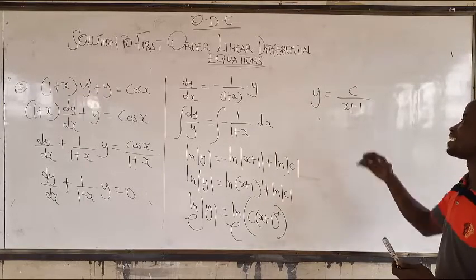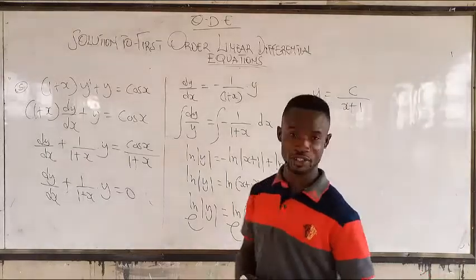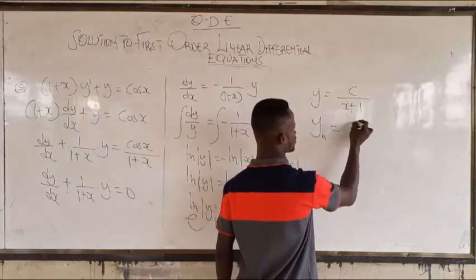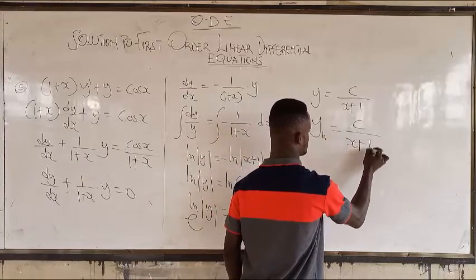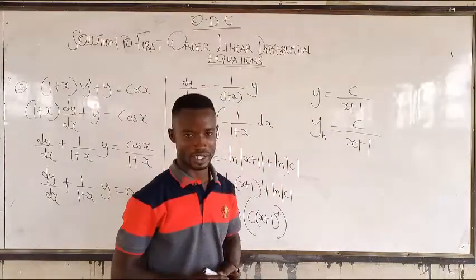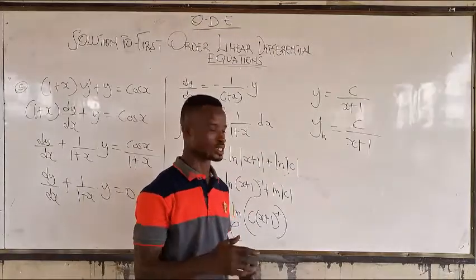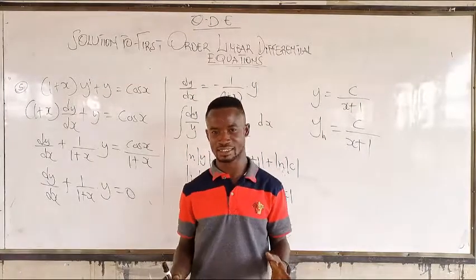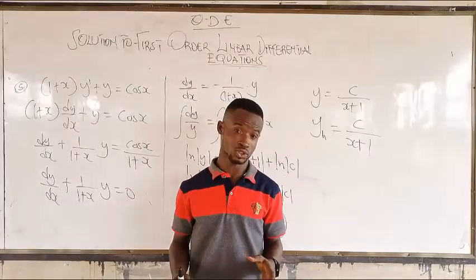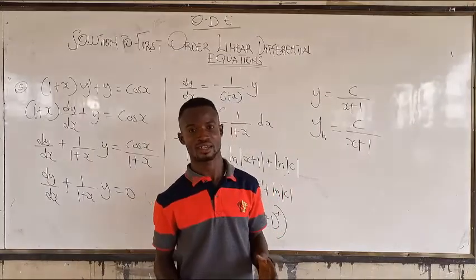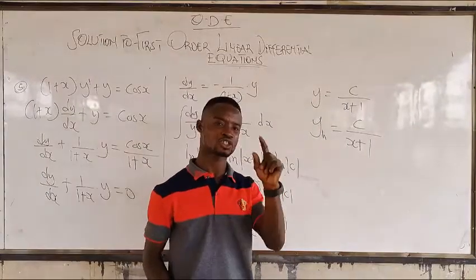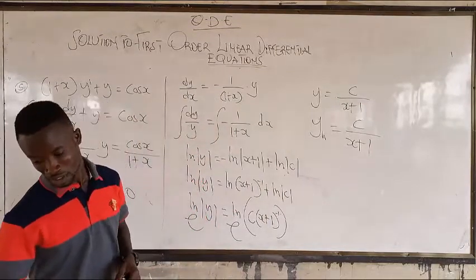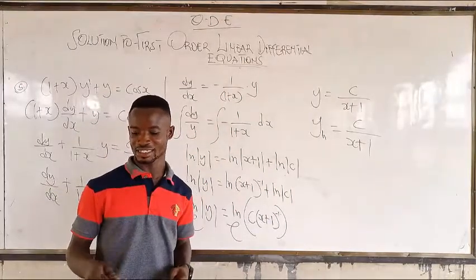Therefore, this gives the homogeneous part. Just take your time, go through the process. So this is the homogeneous part. Most of you don't like this method, but it's good because, as I said, the question can restrict you to use the method of undetermined coefficient.